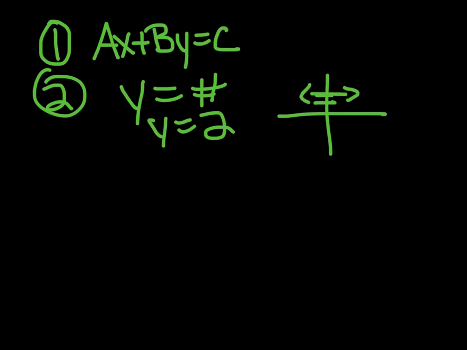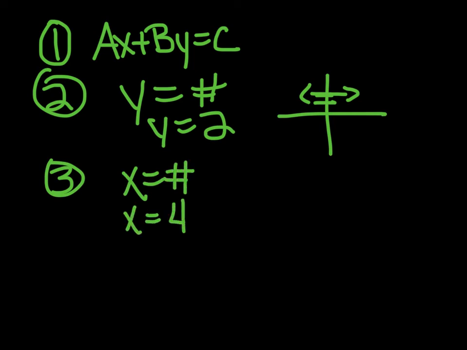Then I would also know that x equals some number, such as x equals 4, means you would go to the x-axis to the number 4, and it would be a vertical line through there.